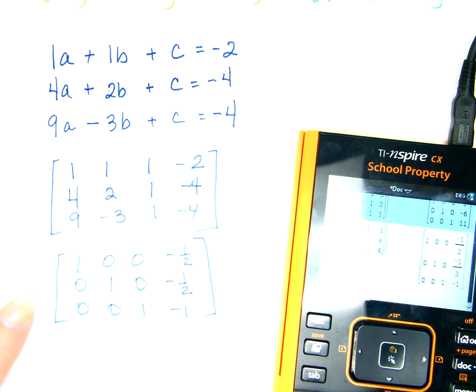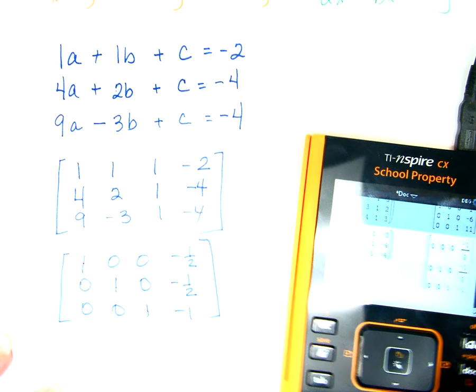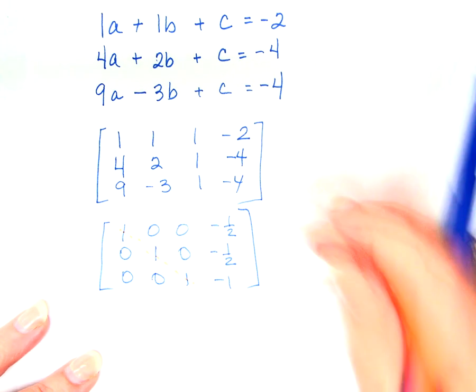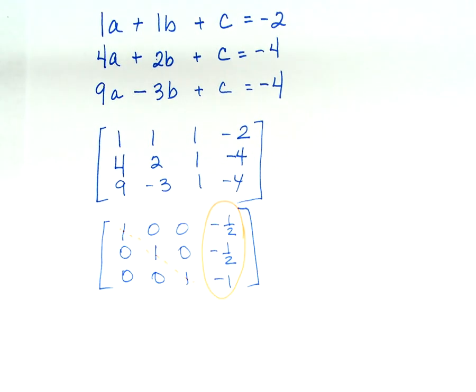Do I have a diagonal of 1s? Right there. Then what is this? That's my A, my B, and my C, right?